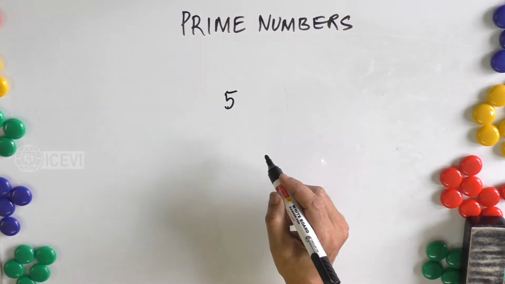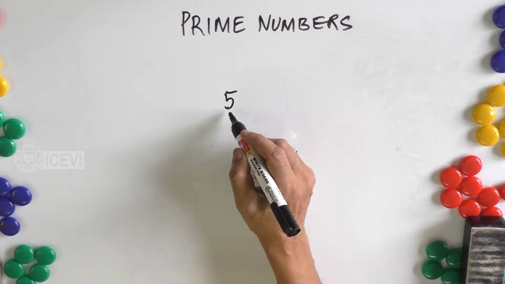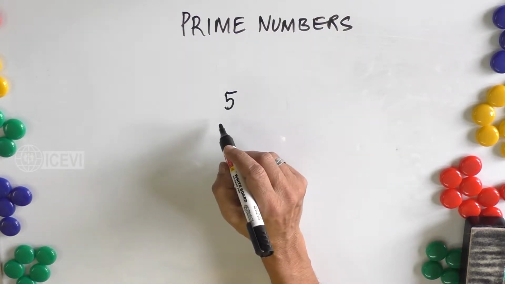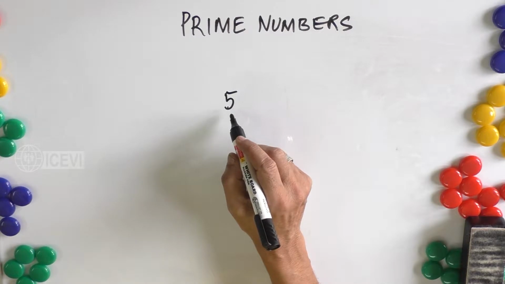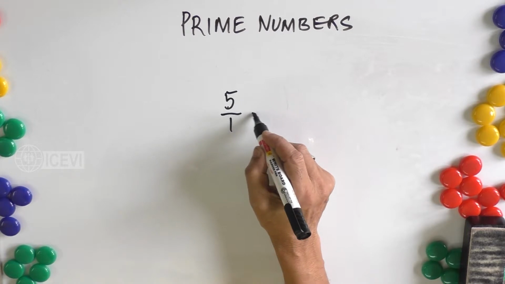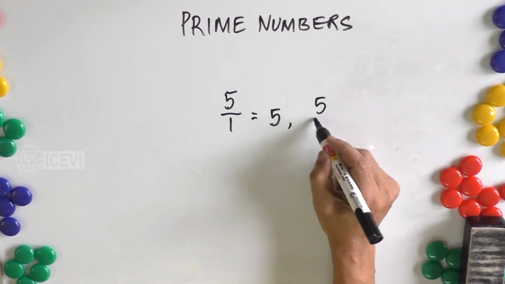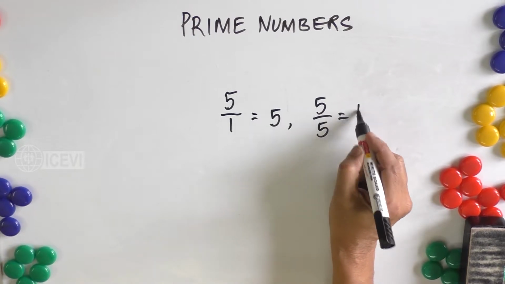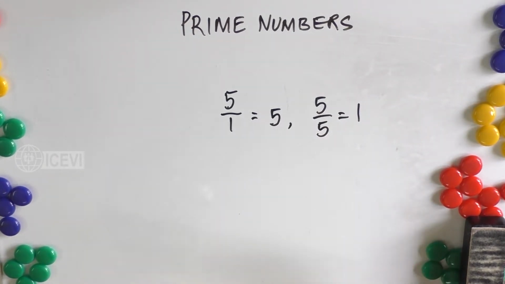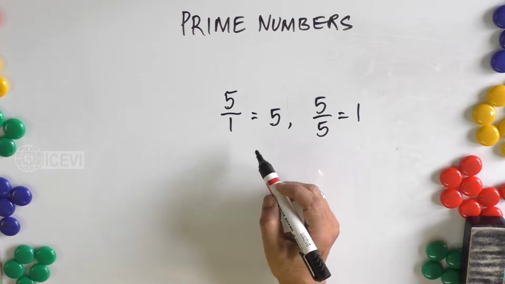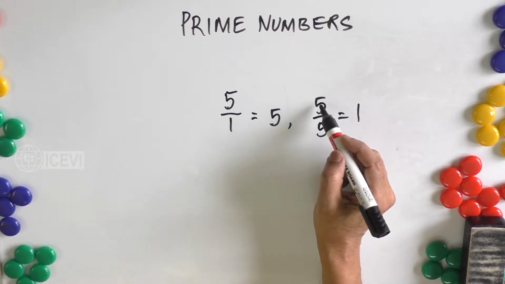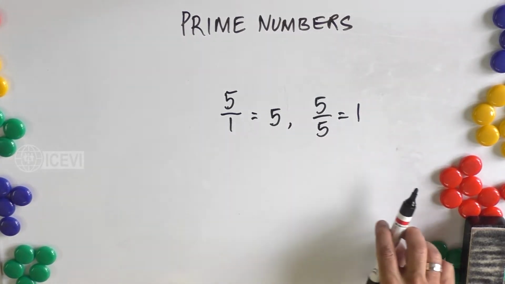Now 1 serves as a divisor and 5 serves as another divisor. That means 5 by 1 is 5 and then 5 by 5 is 1. Okay, so there are two divisors, the number itself and the other divisor is 1.